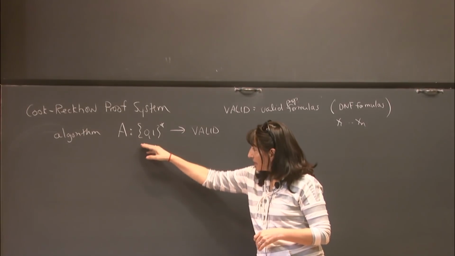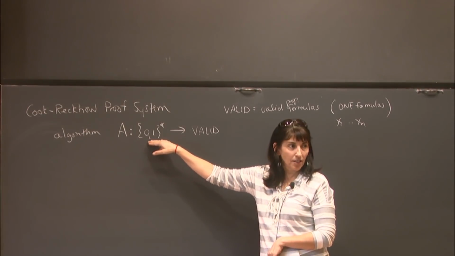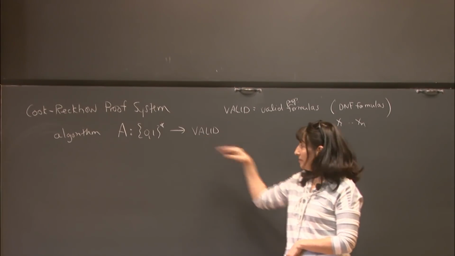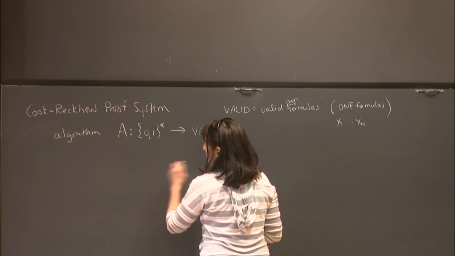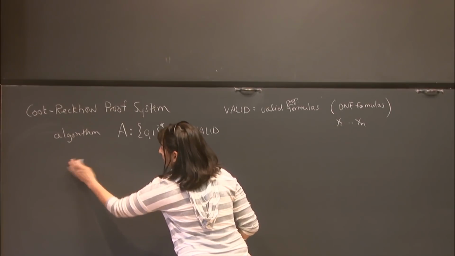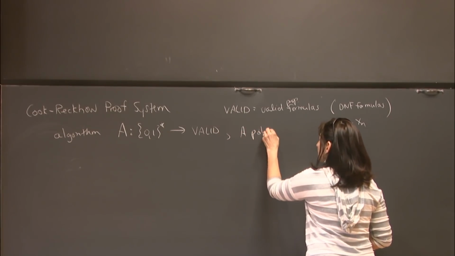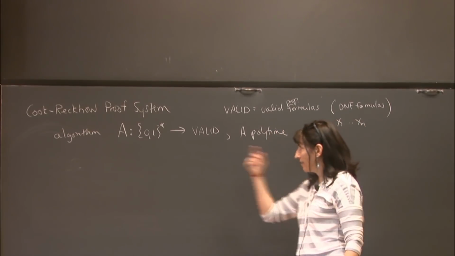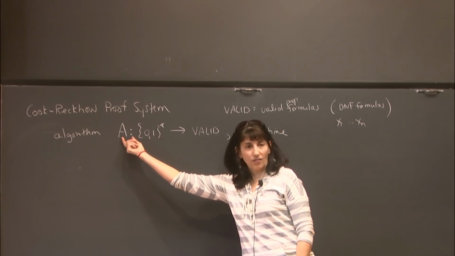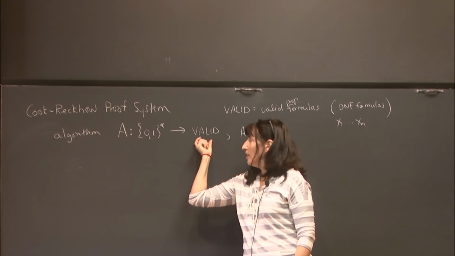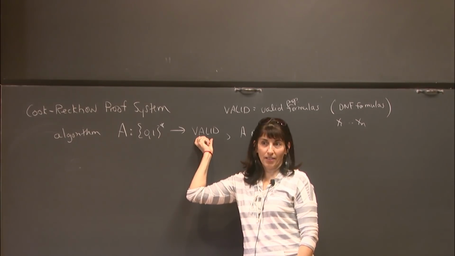So this is an algorithm that takes strings, which you should think of as encodings of proofs, to encodings of valid formulas, and it should have the properties, so the completeness, and the algorithm should be polynomial time. So in other words, you should think of these as encodings of proofs, and A is a verifier that's checking whether or not this encoding is a valid proof, and if so, it spits out what it is a proof of.